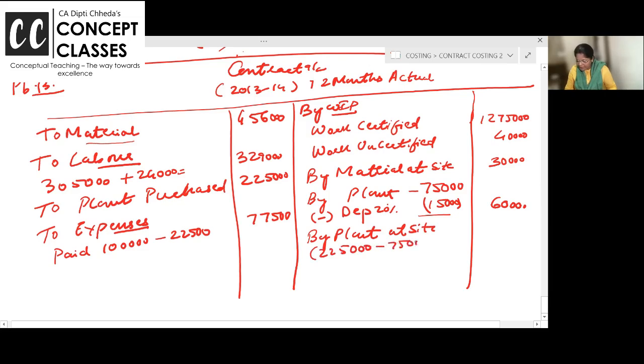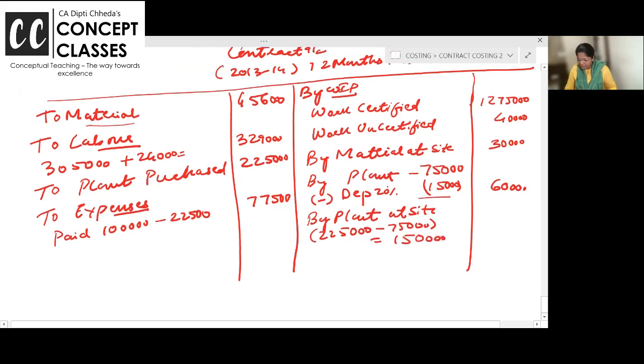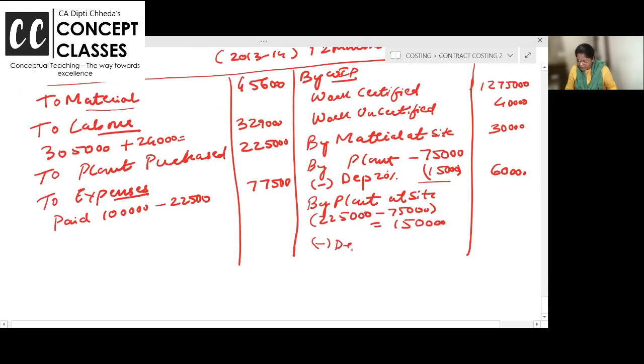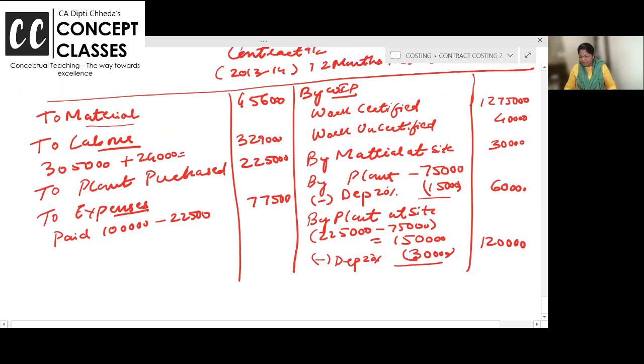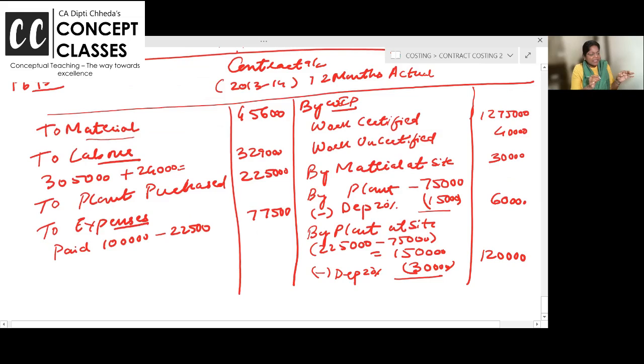2,25,000 minus 75. How much is it? 150. On this, how much depreciation will you charge? 20%, that is 30,000. And so the value is coming to 1,20,000. I am picking up the figures from my material and writing.